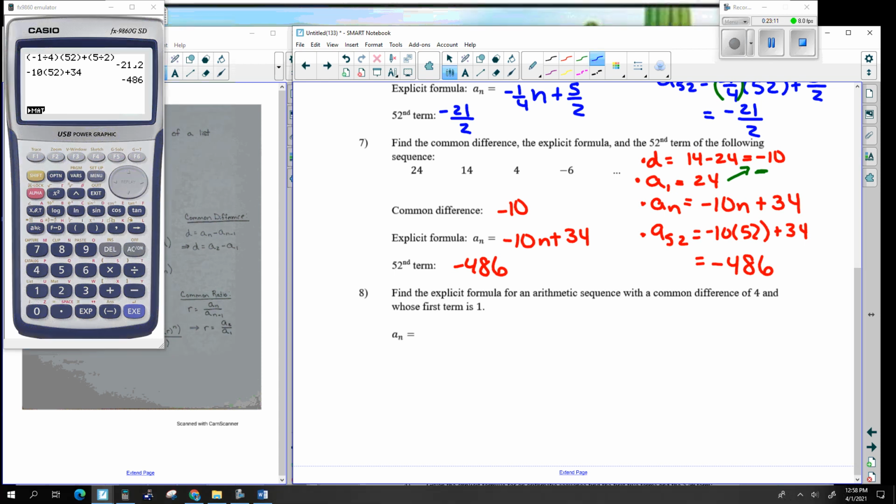All right, find the explicit formula for the arithmetic sequence with the common difference of 4 and whose first term is 1. So the common difference is 4, the first term is 1.